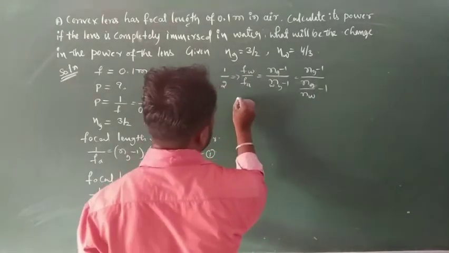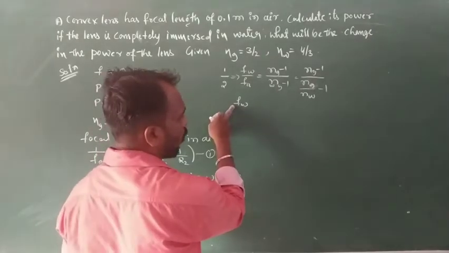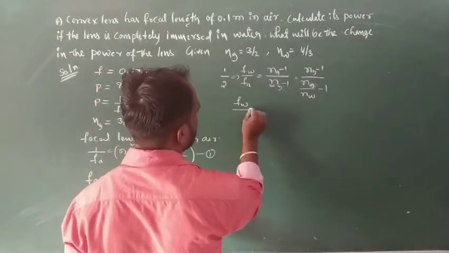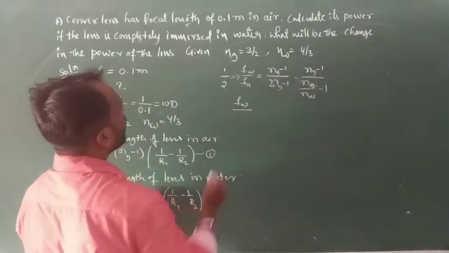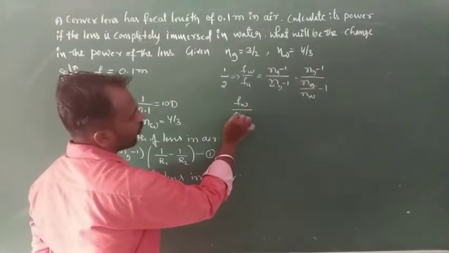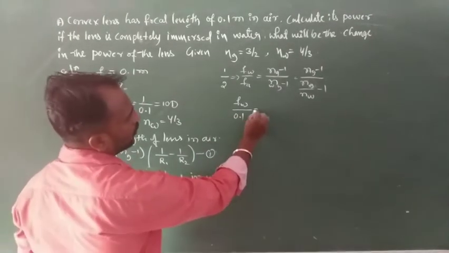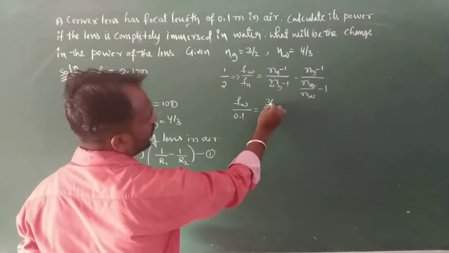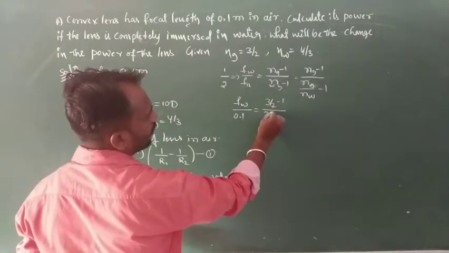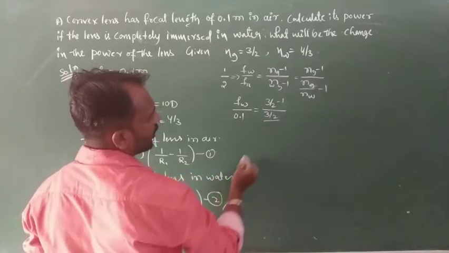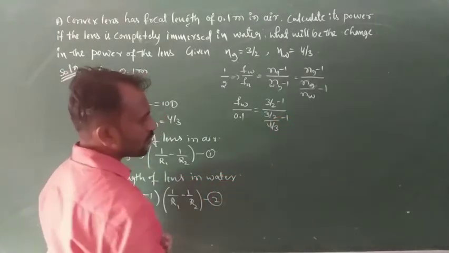Okay, so the focal length of the lens in water divided by the focal length of the lens in air, where the focal length in air is 0.1. Here the refractive index of glass is 3 by 2 minus 1, divided by the refractive index of glass 3 by 2 divided by the refractive index of water 4 by 3, minus 1.